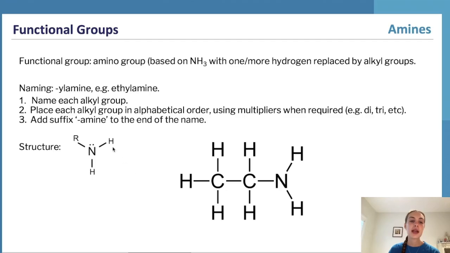And so we can see this here is just our general structure. So we've got an R group, and it's based off an ammonia molecule. We've got an R group, and then we've got these two hydrogen groups remaining here, but either of these can also be replaced with R groups. So whether that's an R group there, an R prime group there and a hydrogen, or an R group here, an R prime group here, and an R double prime group here, just depending on how many of the hydrogens are replaced with the alkyl groups.